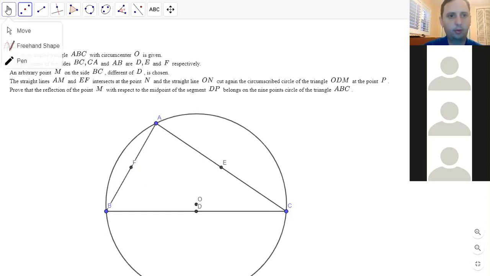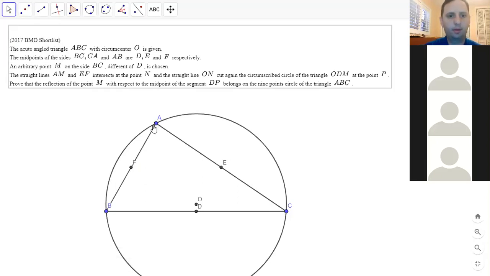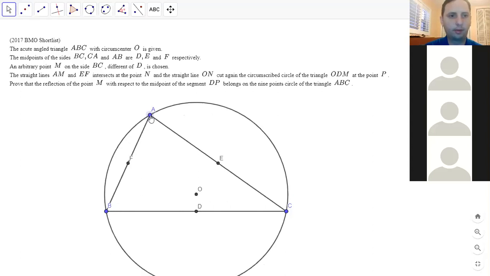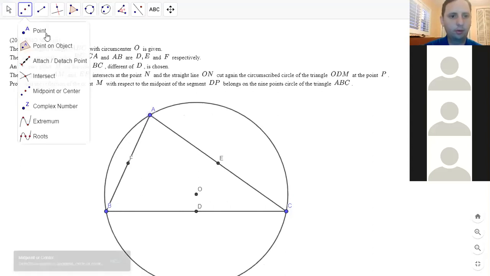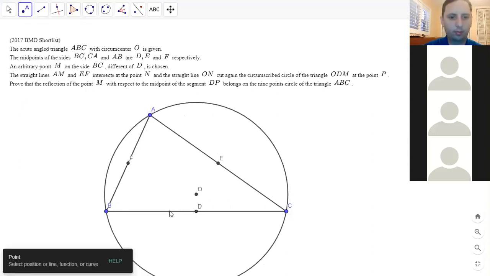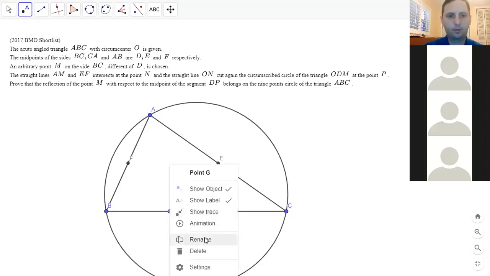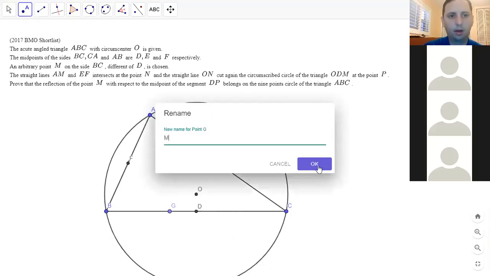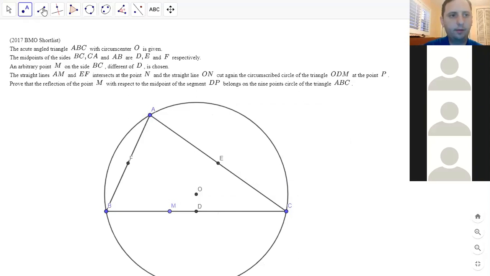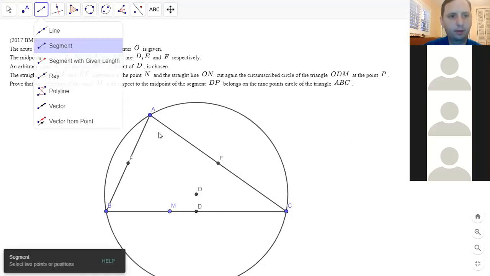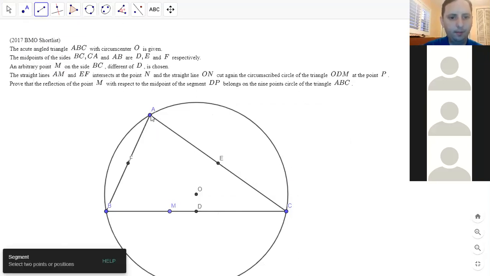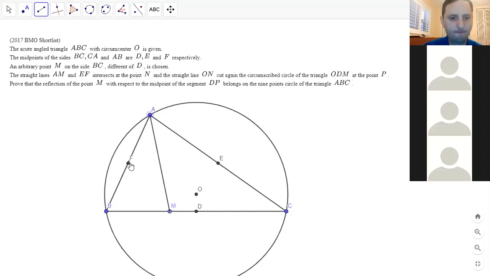And an arbitrary point M on side BC is chosen. So I'll let this be M. AM and EF intersect at N. And then we draw ON.